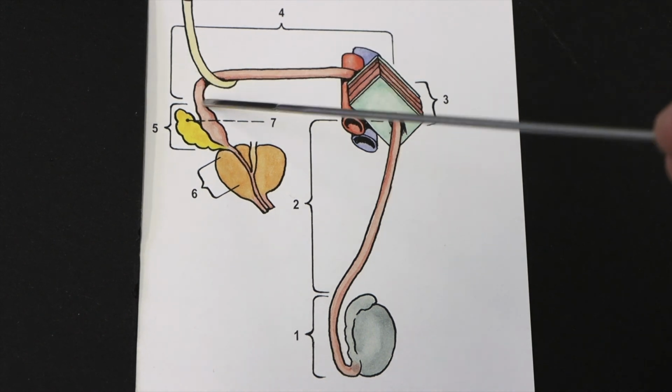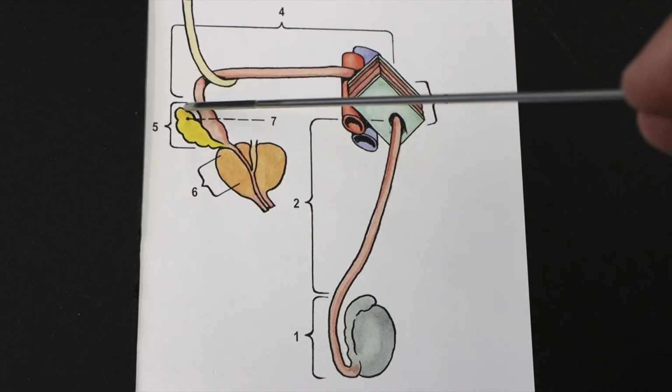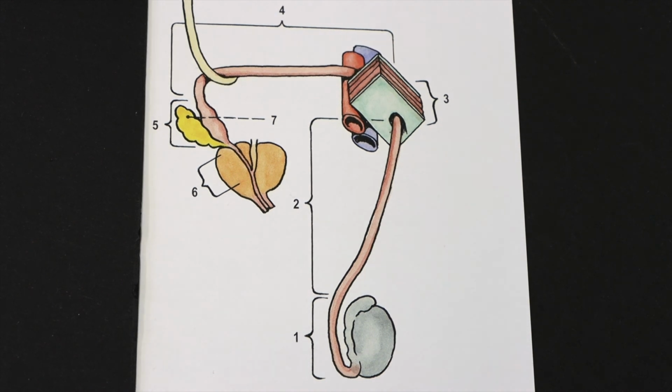So this is the pelvic part of the ductus deferens, and the next part becomes dilated and is called the ampulla of the ductus deferens. This is the widening end of the pelvic part, located behind and below the urinary bladder, the fundus of the urinary bladder.